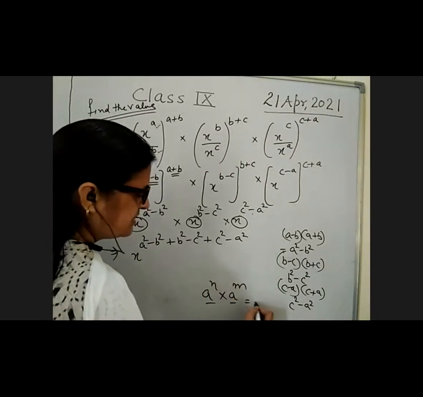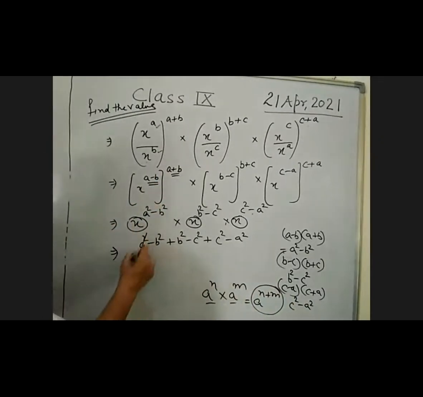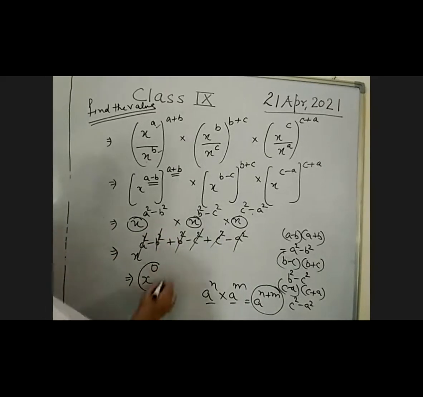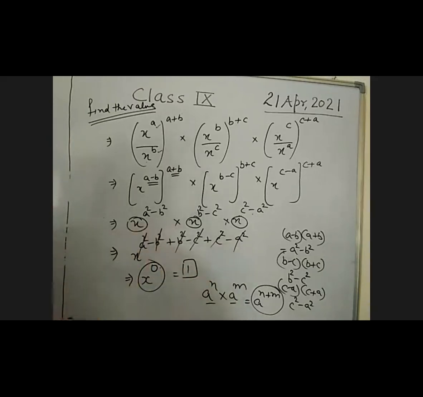Bases are equal, then the powers are added together. Okay, cancel a square with minus a square, minus b square with plus b square, minus c square with plus c square. Now x raised to the power 0, because all the powers have cancelled. So x raised to the power 0 is equal to 1.